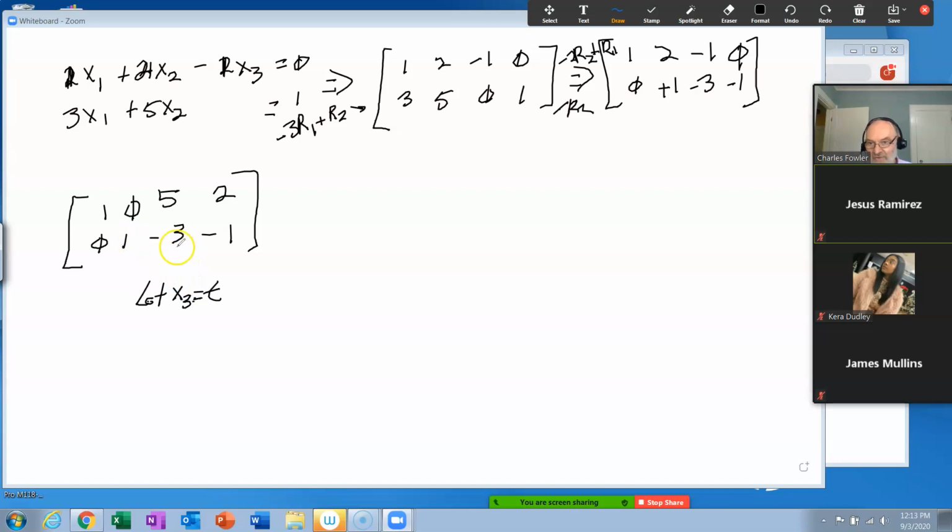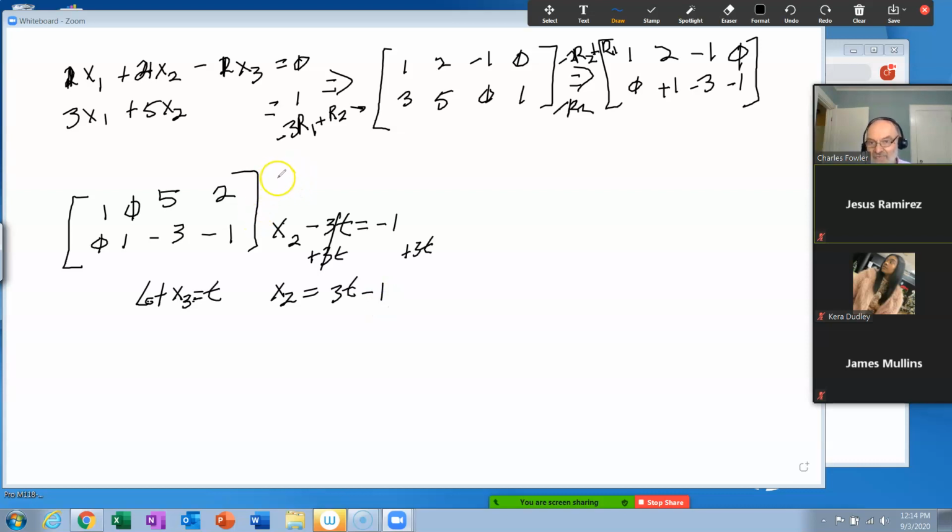Okay? So this line right here says x sub 2 minus 3t is equal to minus 1, which when you add 3t to both sides, tells you x2 is equal to 3t minus 1. I just don't like leading off with a minus number.